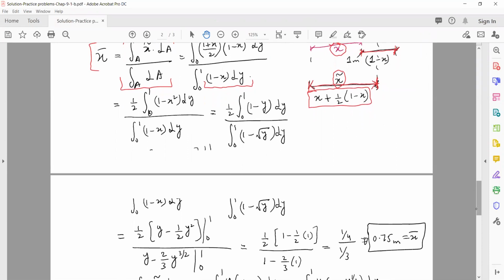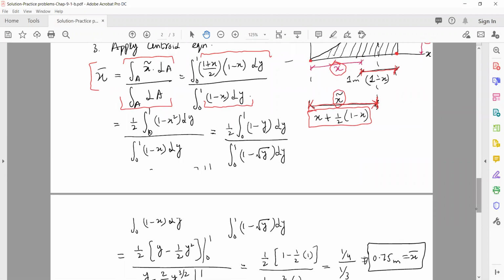Now just simplify this. We can take 1/2 outside, because that's a constant. Inside we have 1 minus x squared times dy, and in the denominator we have 1 minus x times dy. Now we put in the value of x squared, which is y, because we have dy here, so we need everything in terms of y.